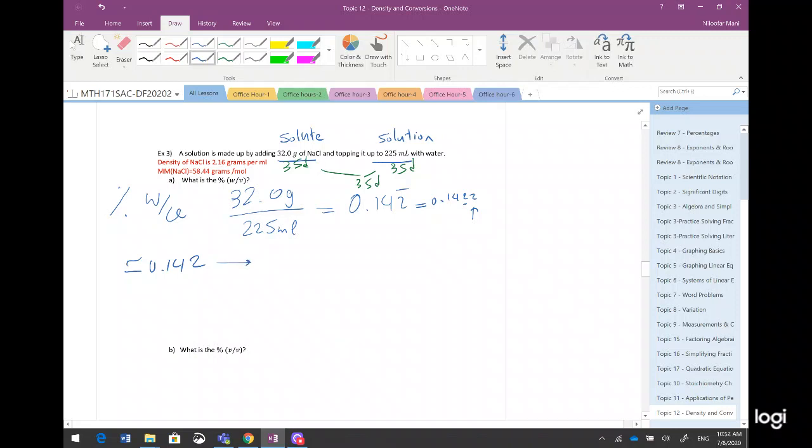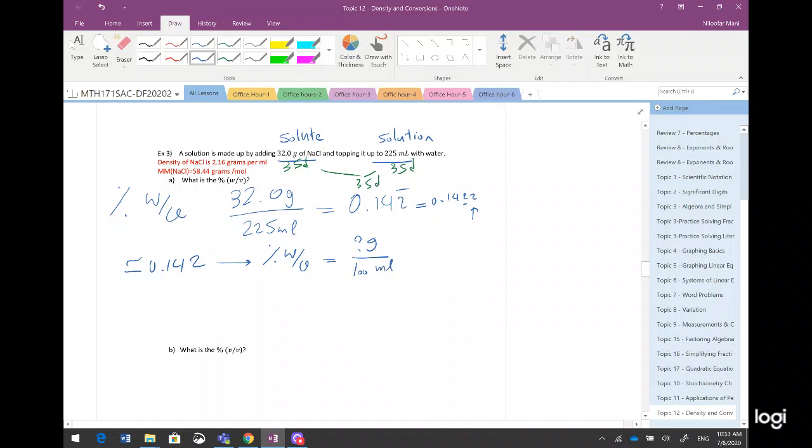In terms of percentage, when I say I have percent W, it means I have, for example, the number of gram, or whatever is the unit of weight, over 100 units of volume, for example 100 milliliter.